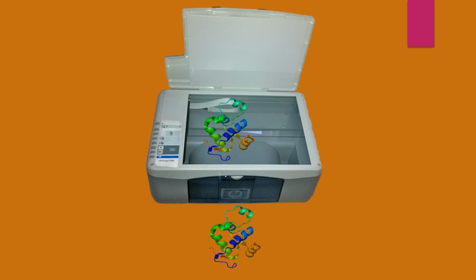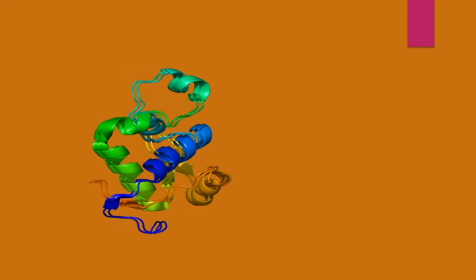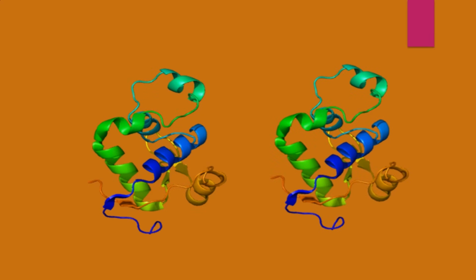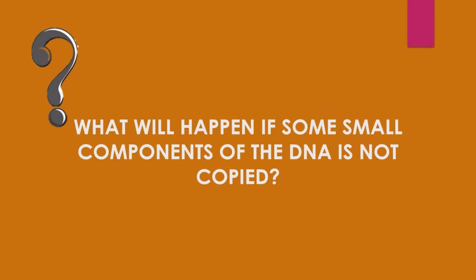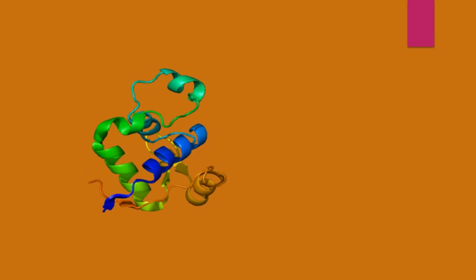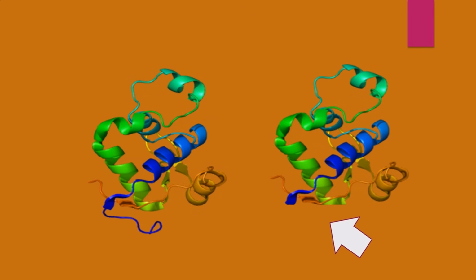Just like that, a copy of DNA is prepared inside the cell. What will happen if some small components of the DNA are not copied? Observe the differences or alterations that occurred in the sequence of this newly formed DNA.